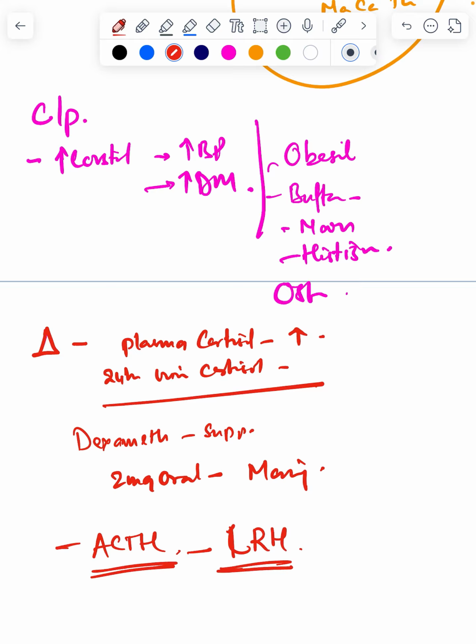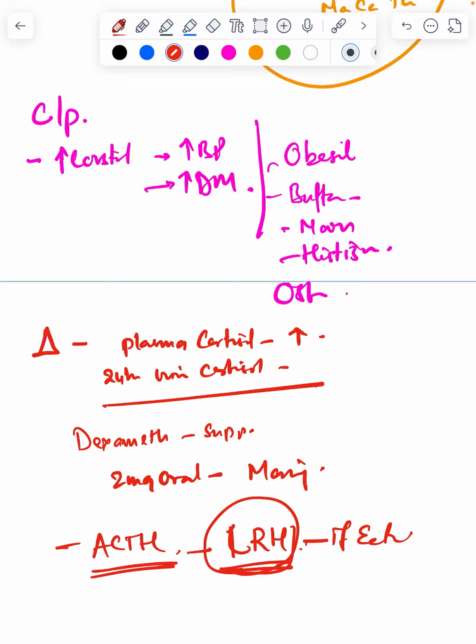But if the source is ectopic, not pituitary or adrenal cortex, ACTH will stay raised, because after giving this, ACTH should go down. If the source is not this, then it will be.